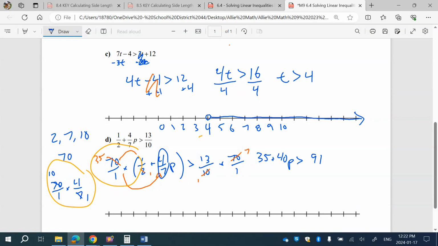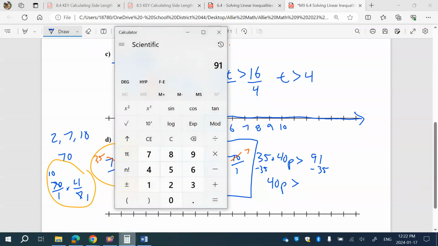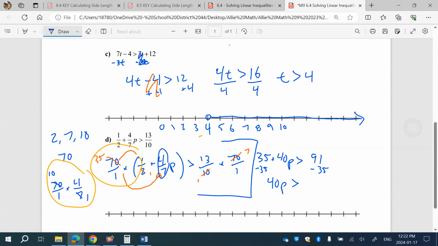And now it's a little easier for us to solve. Instead of having all these fractions, we have some nice clean numbers. Let's get the p by itself. Let's subtract 35 on each side. So you end up with 40p is greater than 91 subtract 35, which is 56.